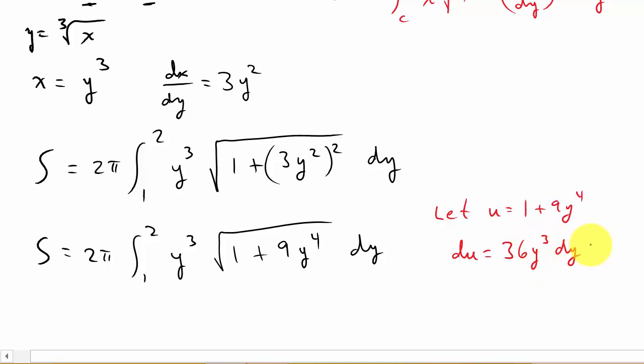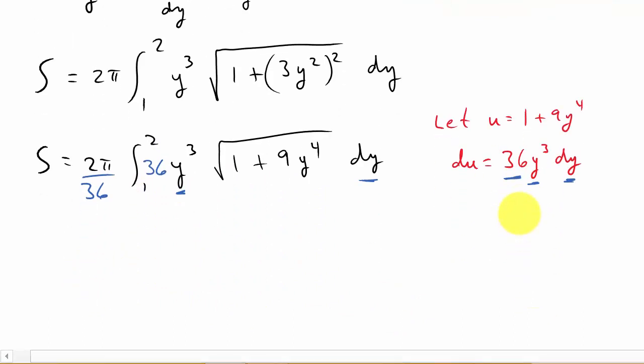So if you look at this, see my y cubed and dy? There's my y cubed and my dy. But I'm missing the 36 out here. So what I'll do is multiply by 36, and since I multiplied by 36, I need to come out here and divide by 36.